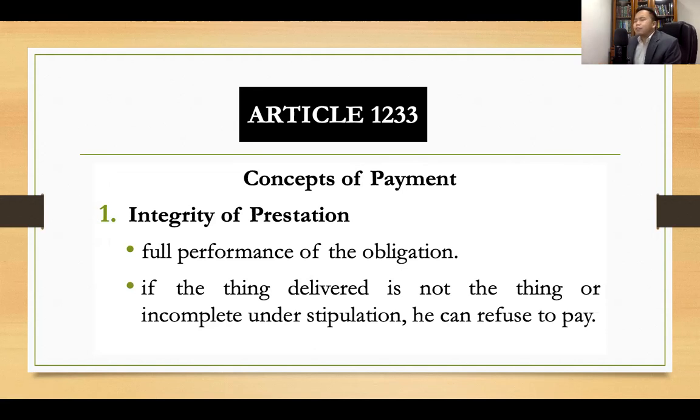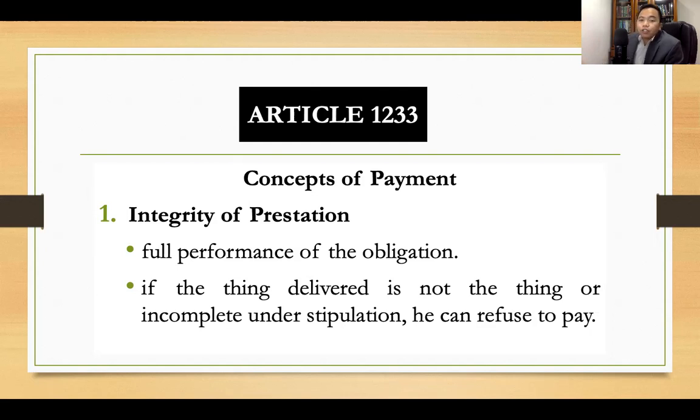Number one, class, remember this concept: integrity of prestation. When you say integrity of prestation, this refers to the full performance of the obligation. The obligation must be performed completely or in full.